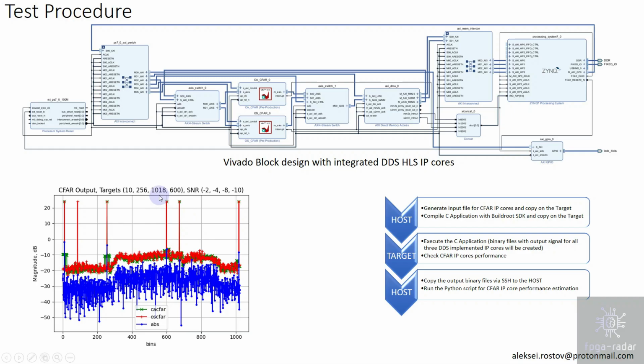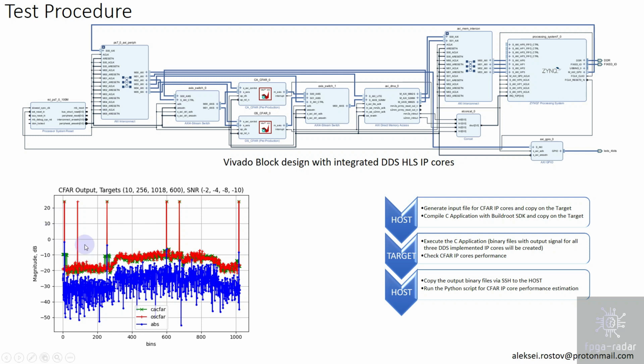Here I set four targets with different positions and different SNR: 10 with minus 2 dB, then 256 with minus 4, 1018 with minus 8, and 600 with minus 10.